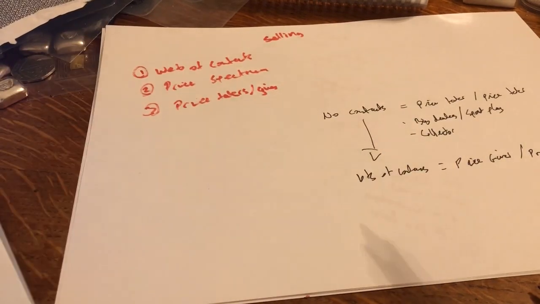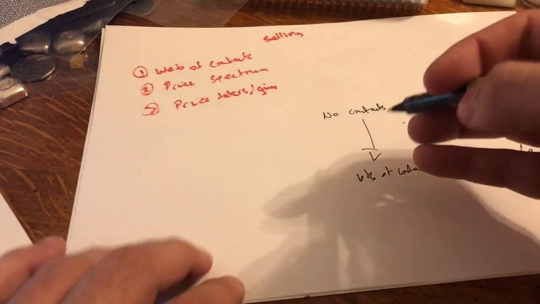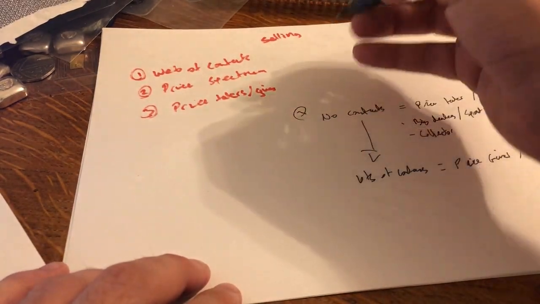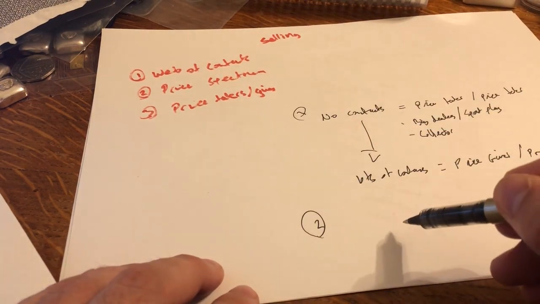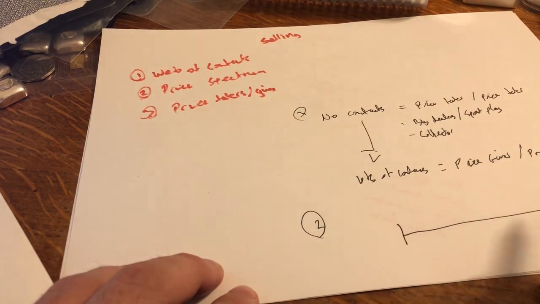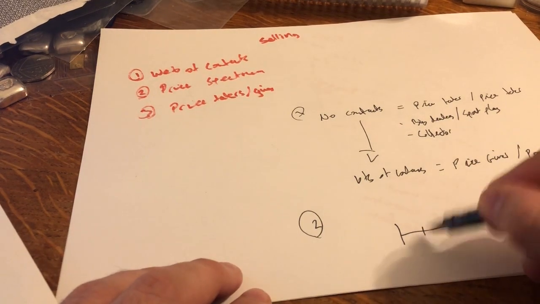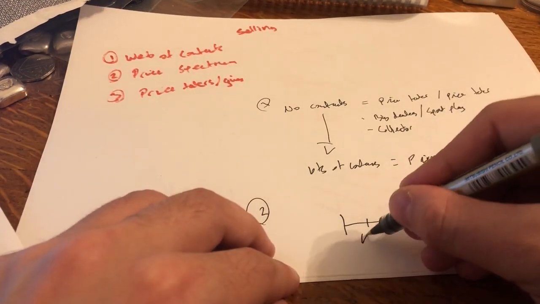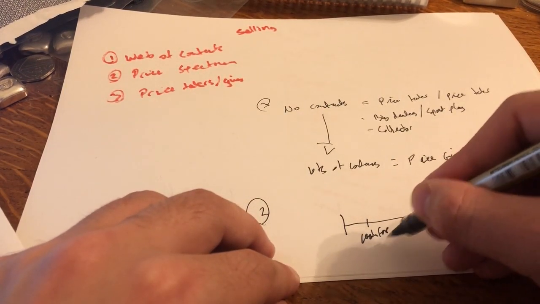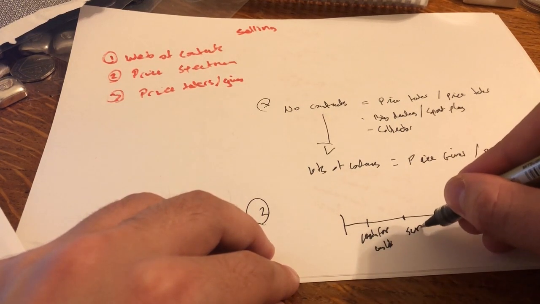Essentially, when you come to sell, if you include it on the price spectrum, so number 2, I've actually covered number 3 by mistake. This is number 3. So if you go to number 2, if you include it on the price spectrum, you will have, say, your scrappers, your cash for golds. Scrappers are slightly above them.